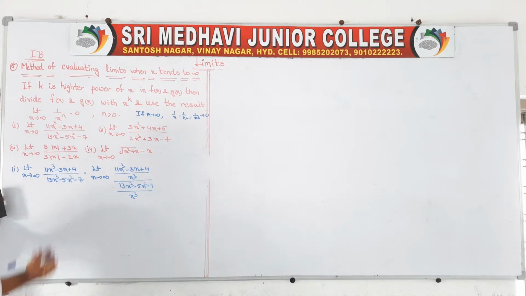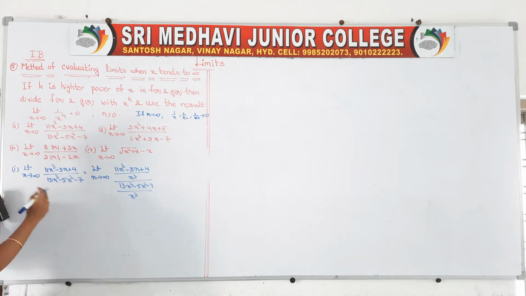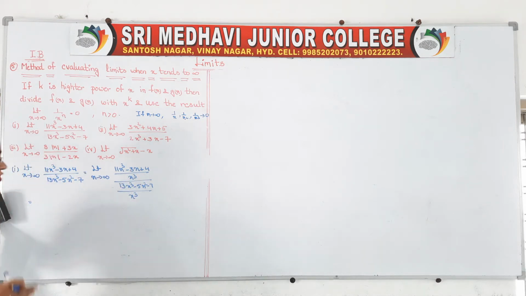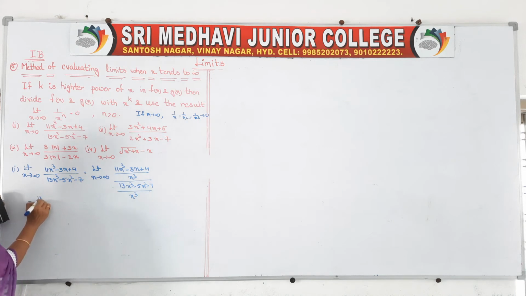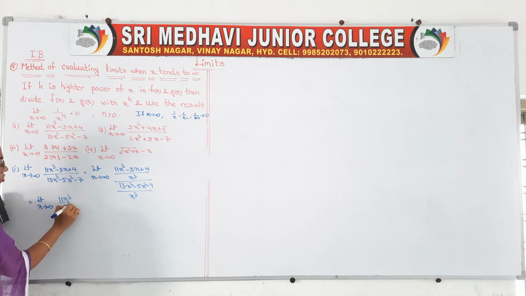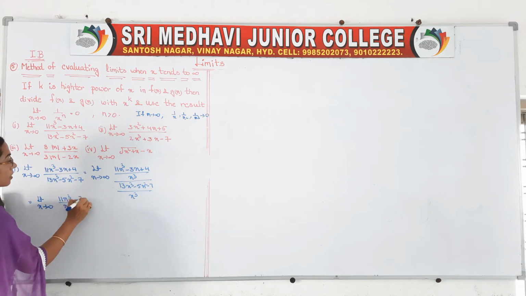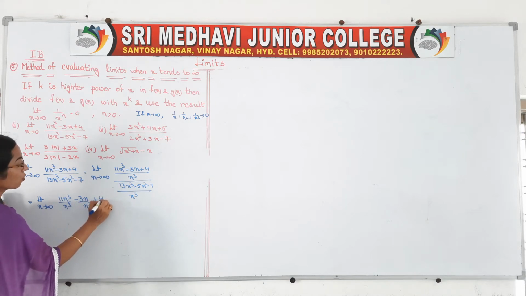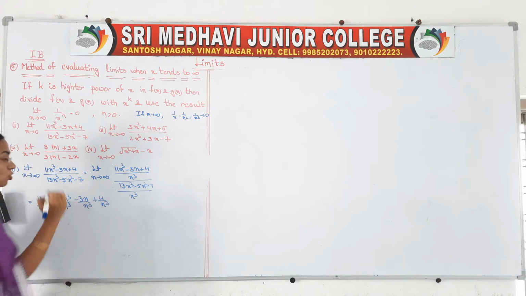Okay. Now, you apply the limit separately to the numerator and denominator, and you divide each and every term by x cube. Okay. So, limit x tends to infinity of 11x cube by x cube, minus 3x by x cube, plus 4 by x cube.